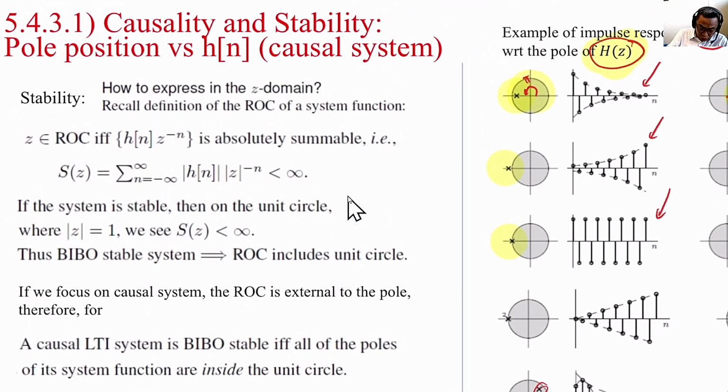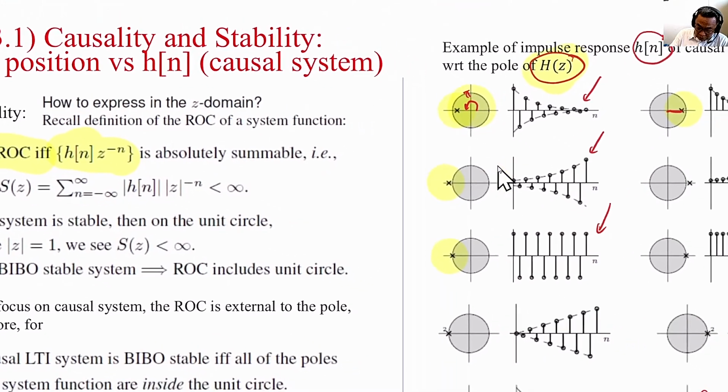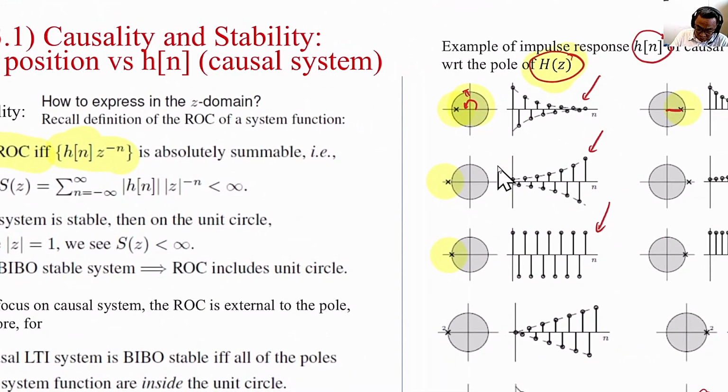So why is this true? It's because the region of convergence actually tells us if the sequence is absolutely summable or not. If the region of convergence includes the unit circle, where the magnitude of z is 1, then this sequence will converge. And the pole always determines where the region of convergence is.